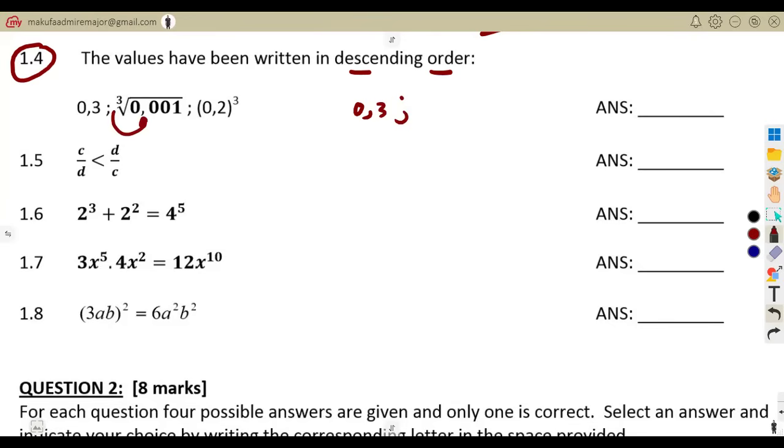Guys, this is just for 1 mark, so you can use your calculator to simplify that root if you are not used to the simplification.